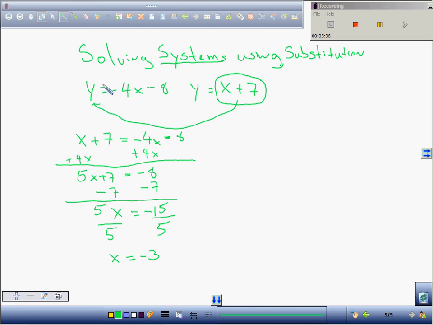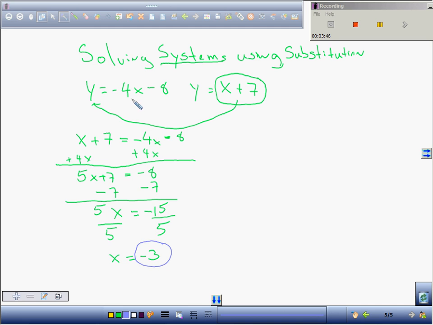Now I'm not done yet, because when I find a point where they cross, I have to find both x and y. So what I do is I take this number, negative 3, and I plug it into either one of my two equations to find y. Which one would be easier to plug into? This one or that one?